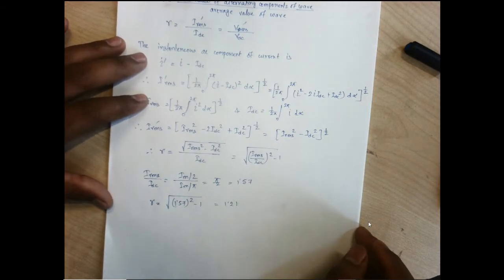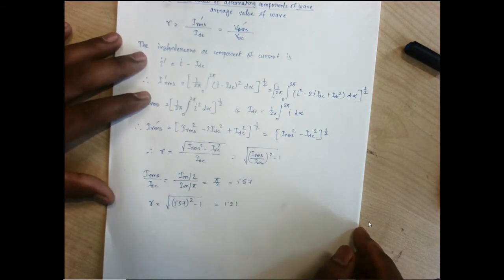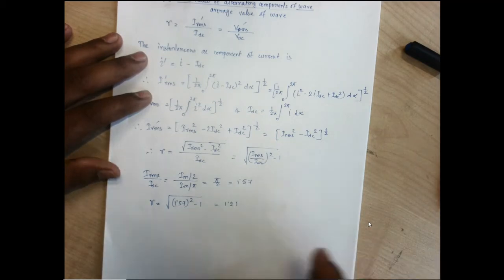This result indicates that the RMS ripple voltage exceeds the DC output voltage and shows that the half wave rectifier is a relatively poor circuit for converting AC into DC.